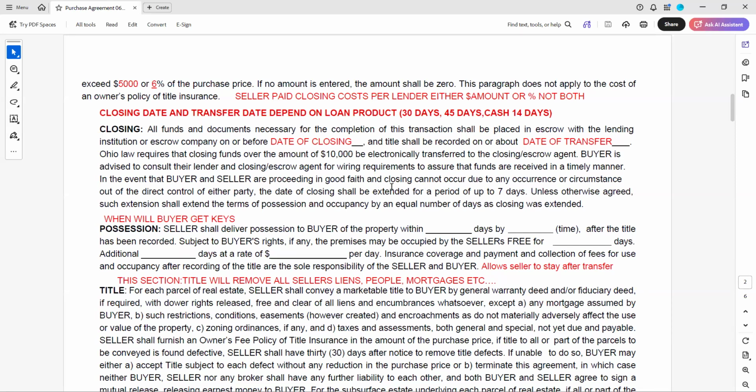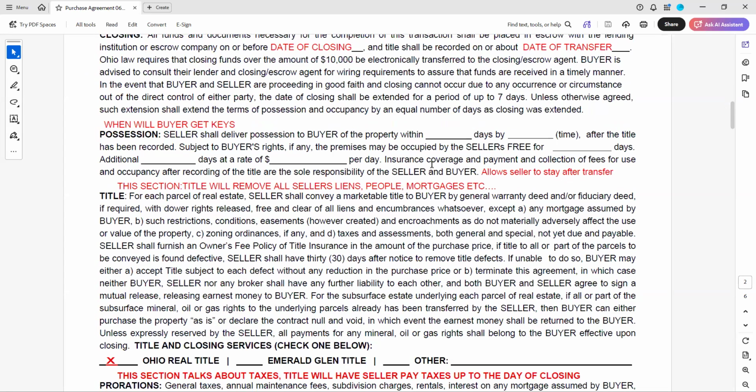So it really gives you an on or about number here in this paragraph. And if you are going to extend your closing date, then you probably should have a purchase agreement addendum so that the buyer and the seller all agree to the extra days in there.